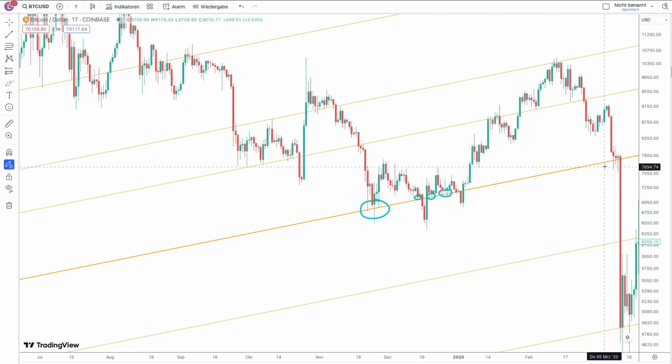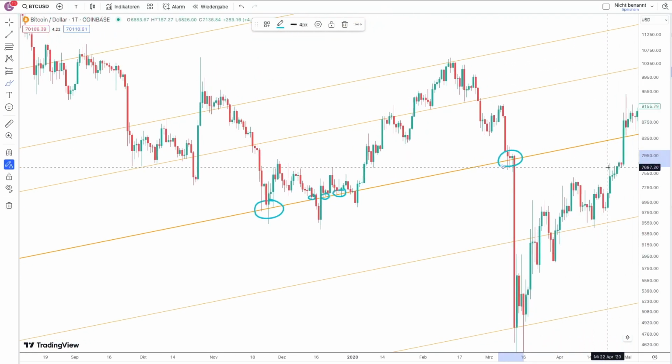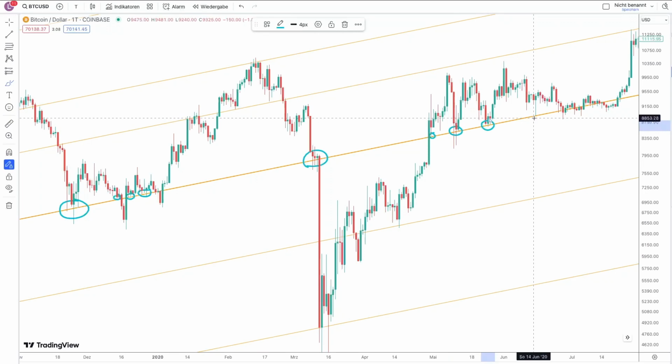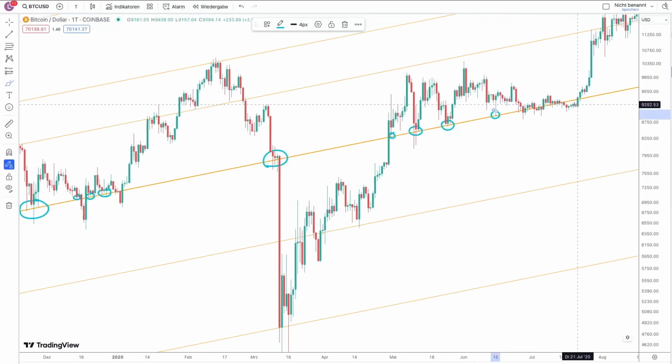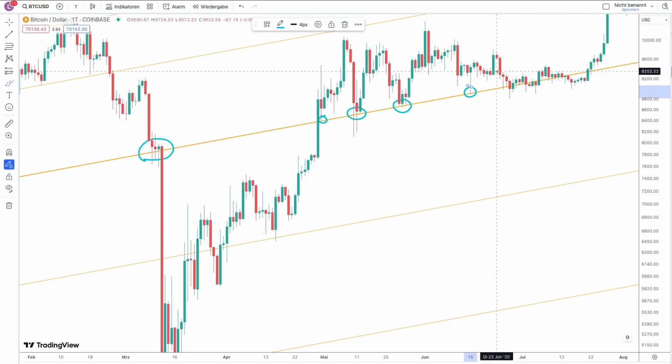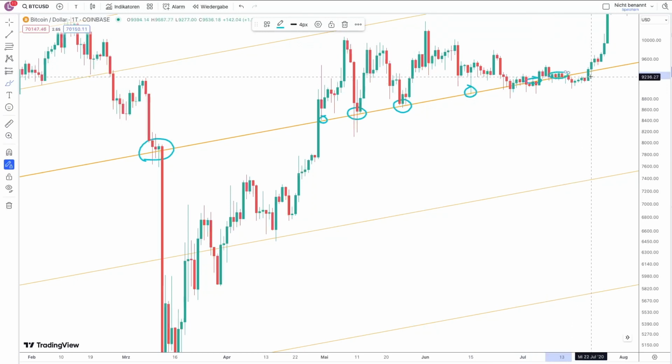Now we were briefly stopped here and then broke to the downside. Then we had here multiple support areas. And again, here the price moves up and below the line, slightly below, slightly above.